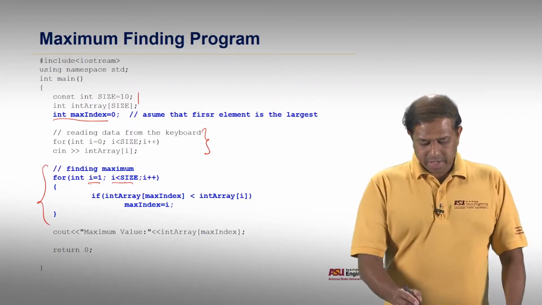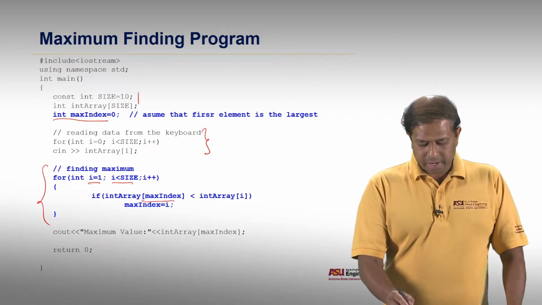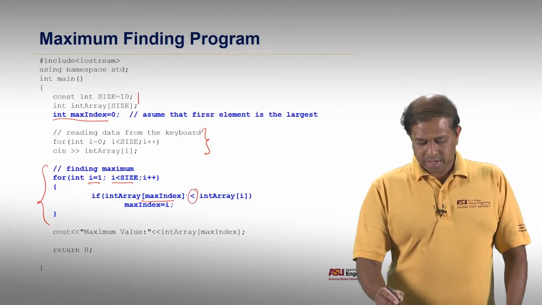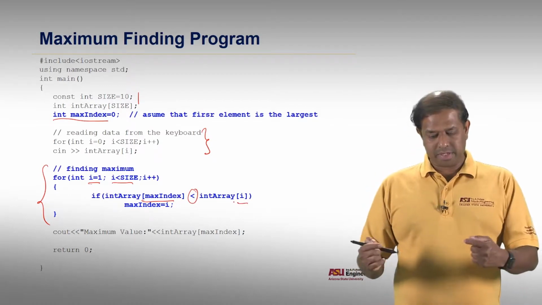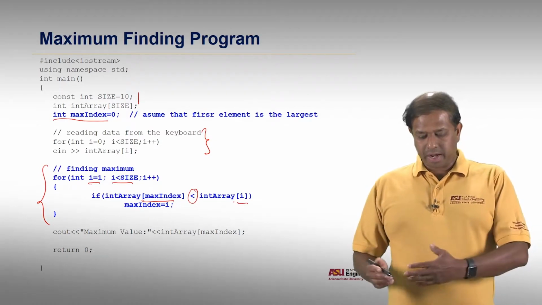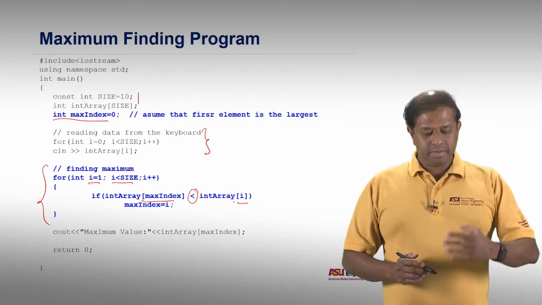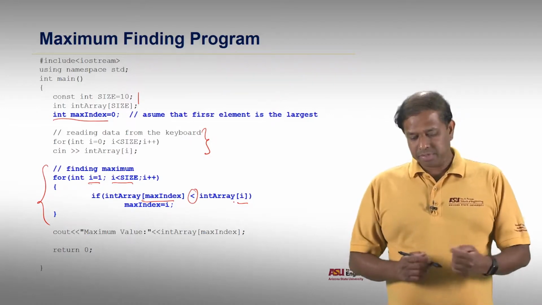What we do is check if the current maximum, the value at the max index location, is smaller than the value at the ith location that we are comparing. If the ith location has a higher value, then we know that the max index has to be i.